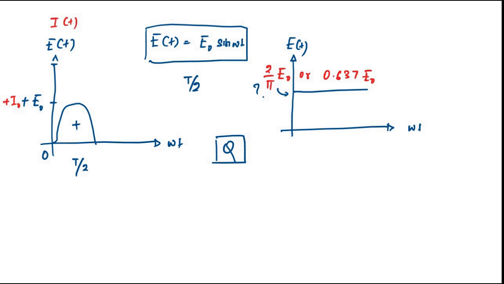That will be 2 by pi I0, or 0.637 I0. That is the mean value or average value of the alternating current. So we want to represent the mean value of the alternating voltage or current in terms of a direct current, a steady current or steady voltage.